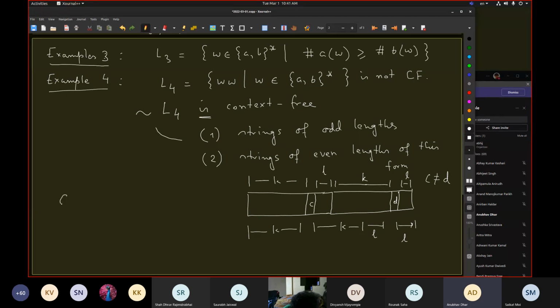Sir, can we initially input the entire string in this stack, and after that we will know what the value of k plus l is, as the total length is 2k plus 2l plus 2. You can do it, but if you read the entire input string just to find its length, then there is a problem, right?